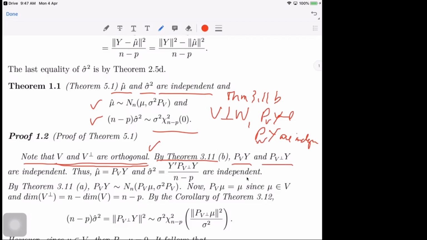of y onto b perp will be independent, but mu hat is a function of the projection of y onto v, and sigma hat squared is a function of the projection of y onto b perp. So this is actually the squared norm of the projection of y onto b perp, which can be written in this manner.